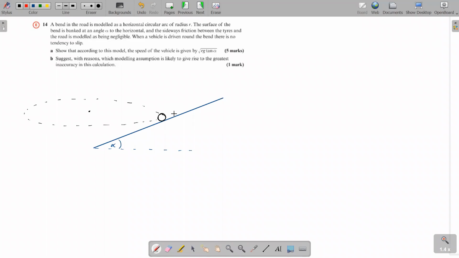The bend is a horizontal circular arc of radius r. So here the radius is r.